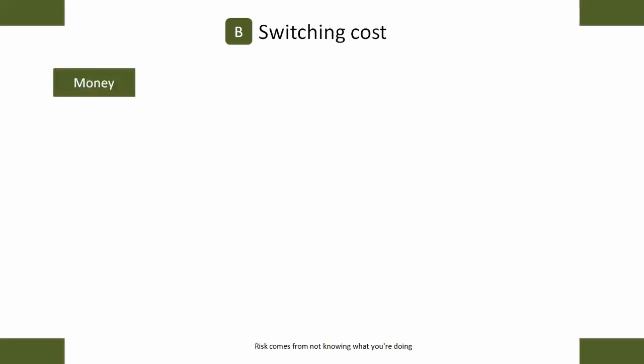It could come from money, in the sense, if customer wants to switch to a different product or service, then customer will have to incur huge expense. For example, software as a service. If a company is subscribing to a software as a service and wants to change it, then it will have to implement it as a project, and then it will need to have new technology skill set.